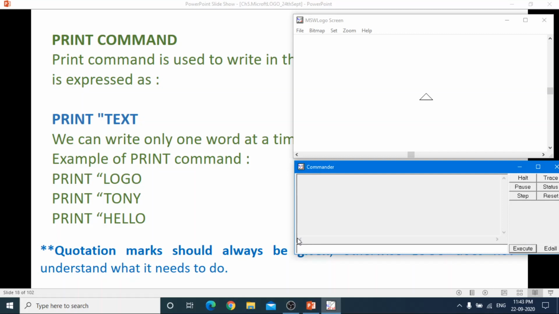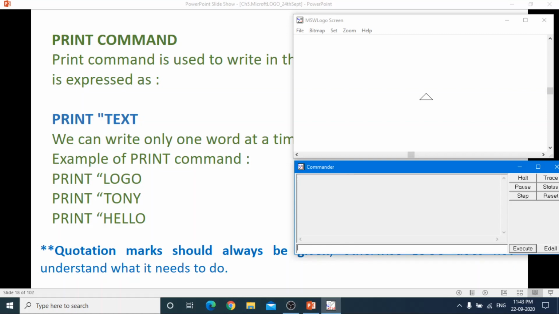Now for the semicircle, repeat. How many degrees? Sides 180, and then square bracket, FD space 1, RT space 1, and close the bracket and see. This is the semicircle. Okay, CS, CT.